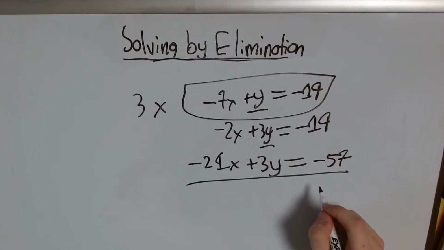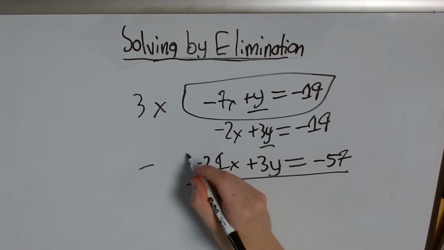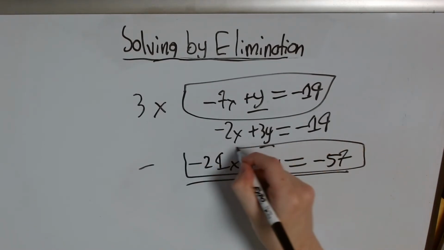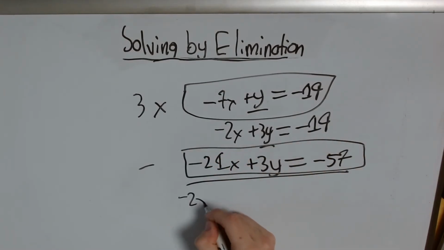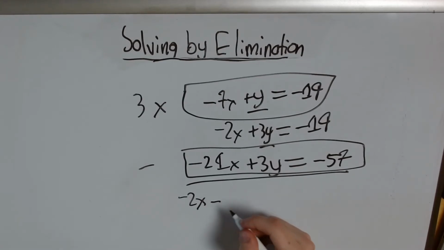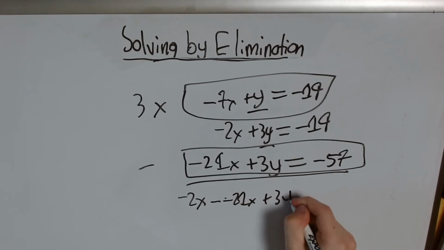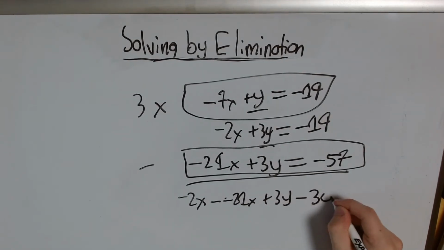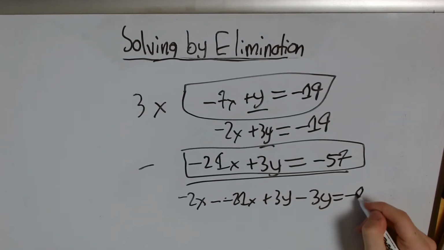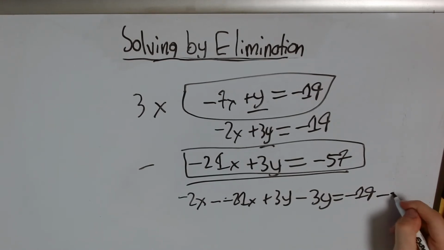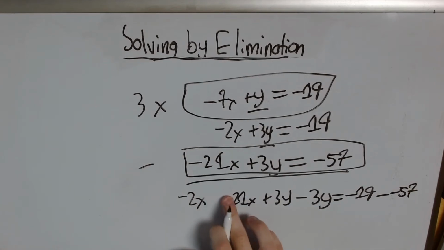All right, now we subtract. Negative 2x minus negative 21x plus 3y minus 3y is equal to negative 19 minus negative 57. And I say, oh, I have double negatives.